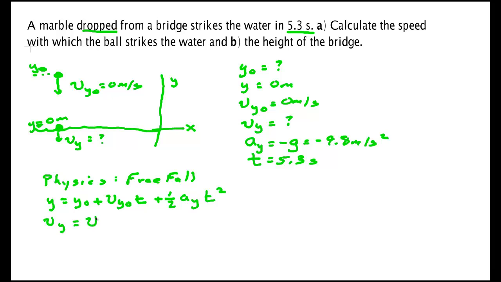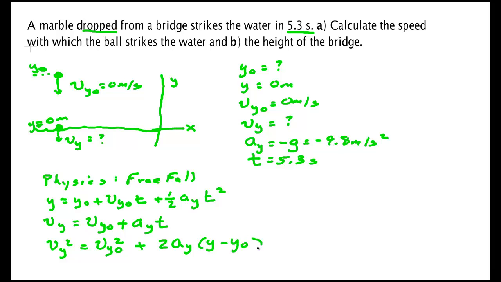Vy is vy naught, I'm sorry, my fault, plus ay t, and vy squared is the initial speed squared plus 2 ay times y minus y naught. And of course I'm going to want to simplify those in whatever ways I can.